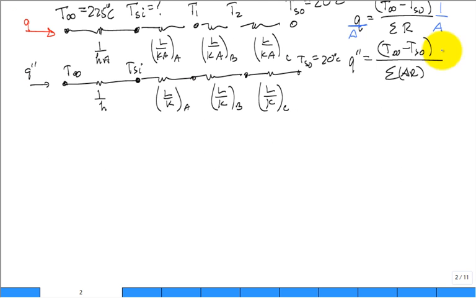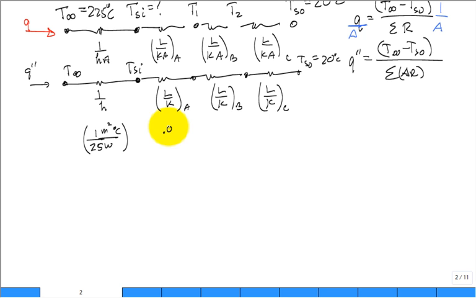So when I scroll down, what I have is I'm going to stick in my numbers. I know I just took them away from you visibly, but that was 25 watts per meter squared degree C. That was what H is. And then we're going to compute the sum of all of these resistances, but let's go ahead and compute them individually first. What is that length, L?